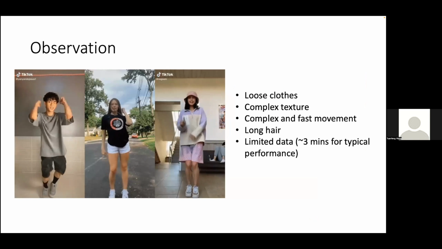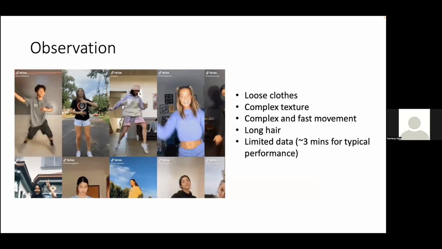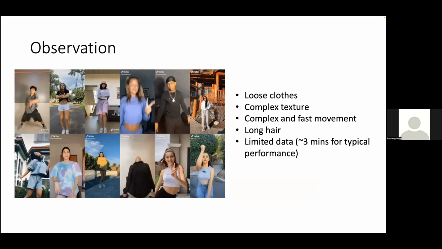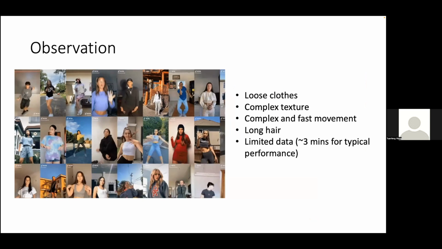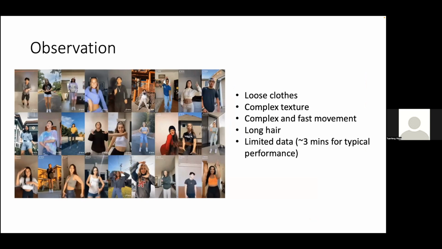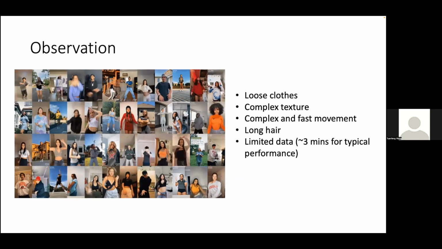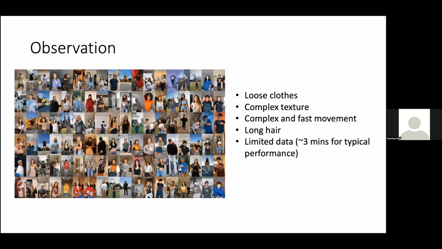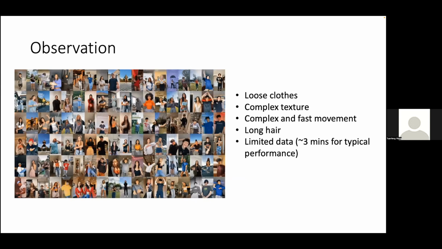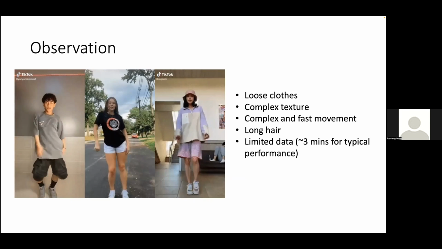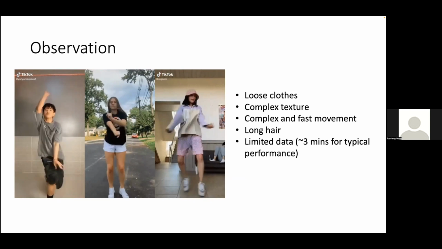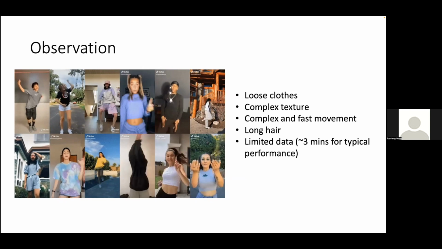So let's look at some data that's captured from social media, and we can have a better understanding of the problem we're facing. One thing we can observe is people love to dance and love to capture themselves dancing. Usually they wear loose clothes, sometimes with very complicated texture.